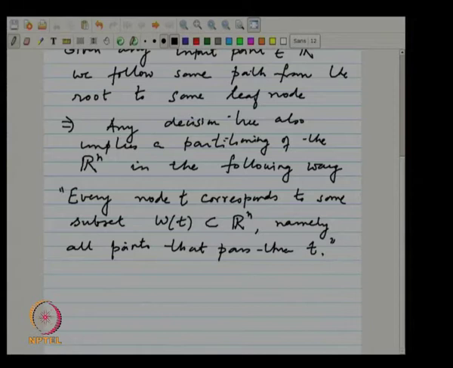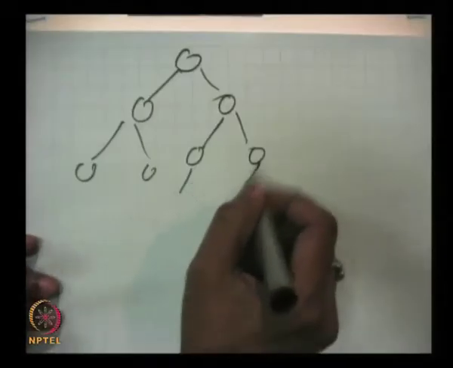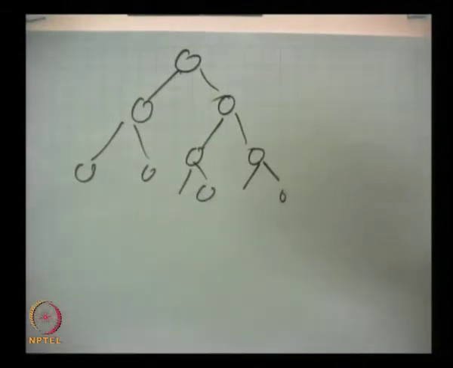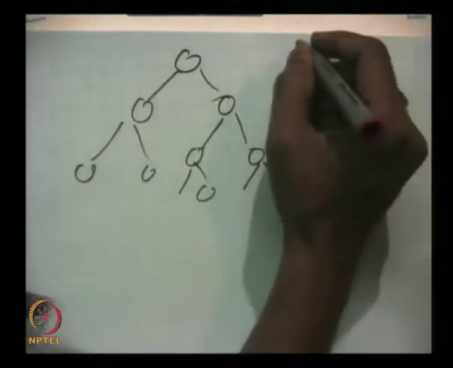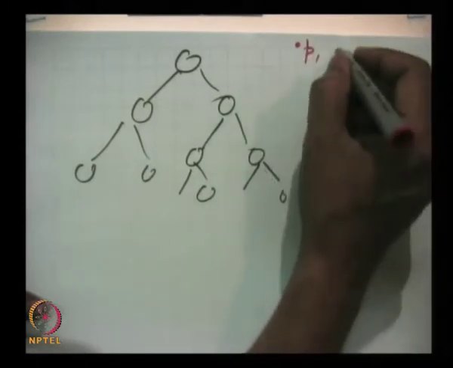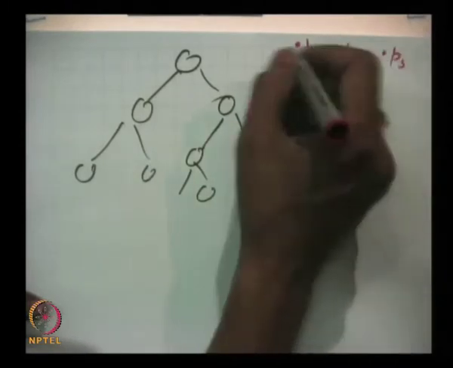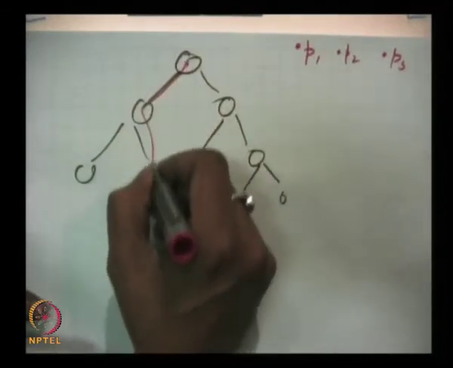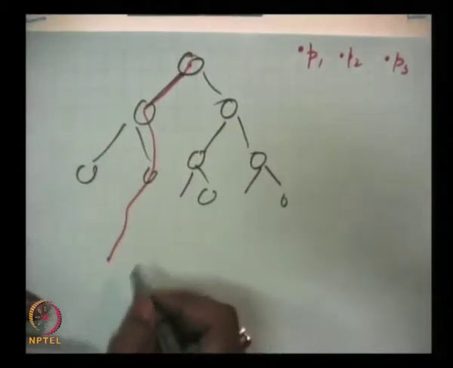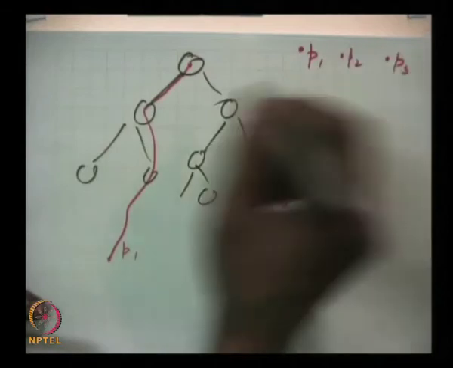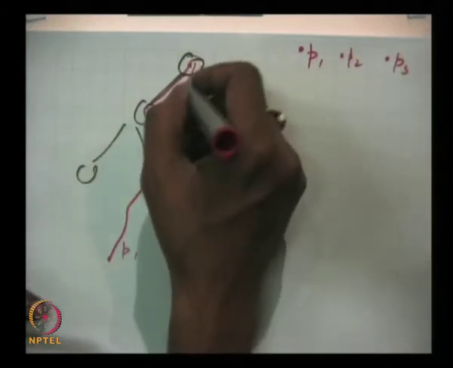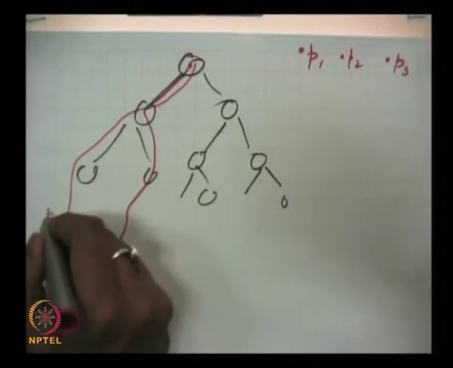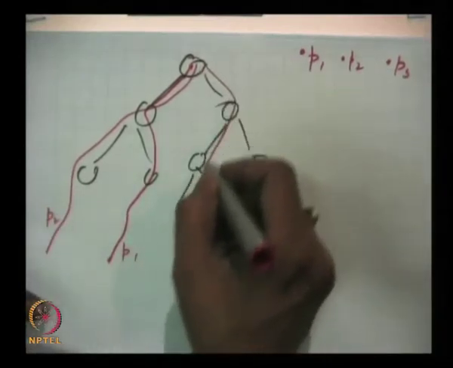Let me draw a picture. Here is my decision tree. There is some point P1, some point P2, some point P3. When I start the algorithm with input P1, P1 traces some route through this tree. P2 maybe traces another route through the tree, and P3 could be like this.